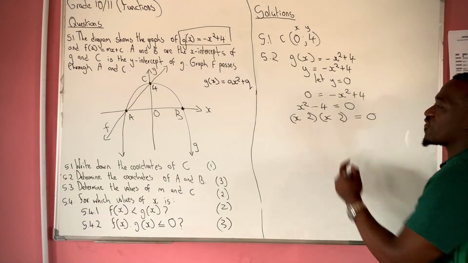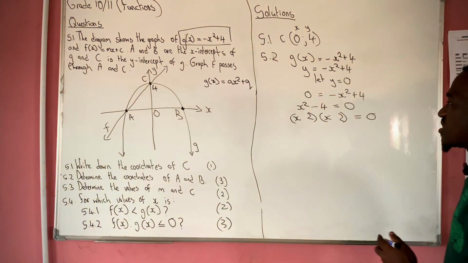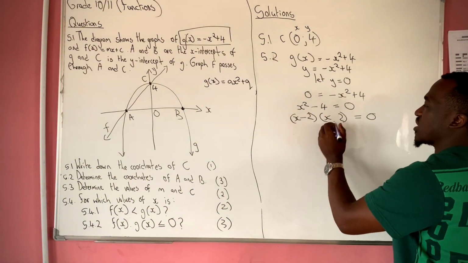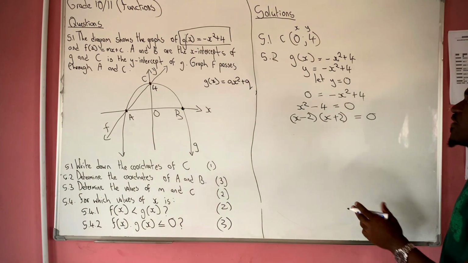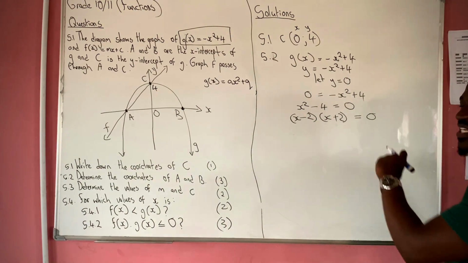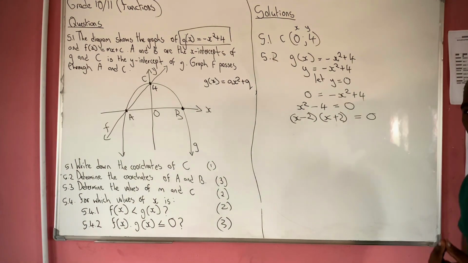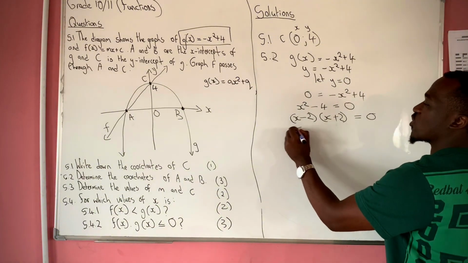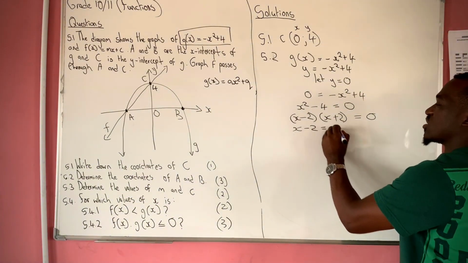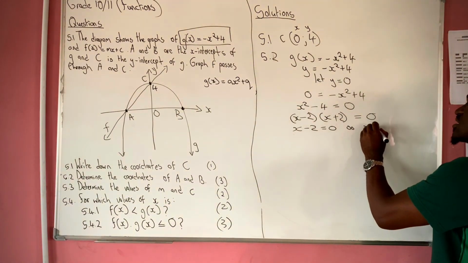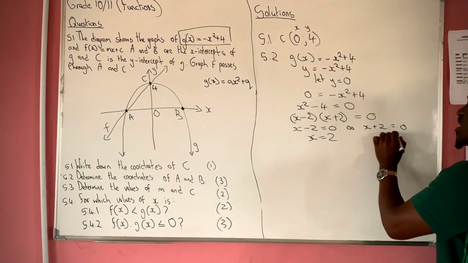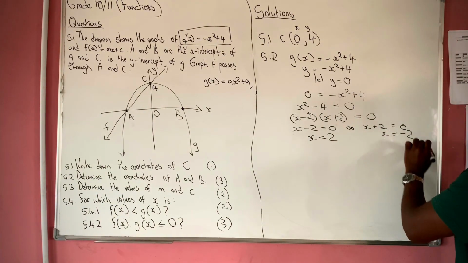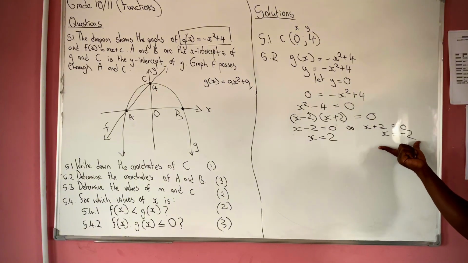To get negative 4, we must put a negative and a plus. Once we have two brackets equated to 0, we equate each bracket to 0. So x minus 2 equals 0, or x plus 2 equals 0. This one is equal to 2, and this one is equal to negative 2.